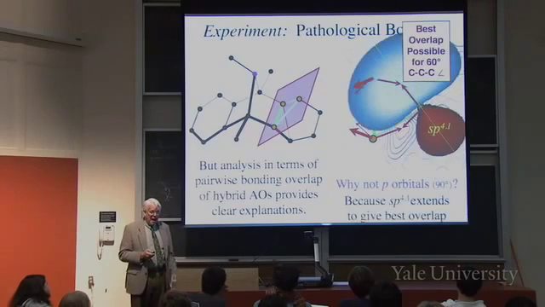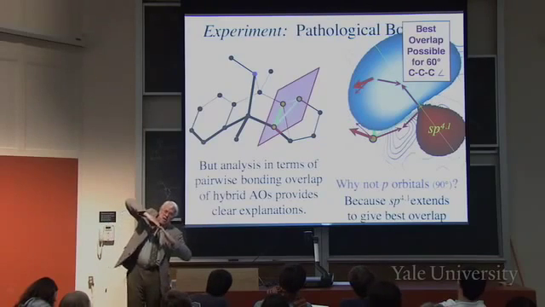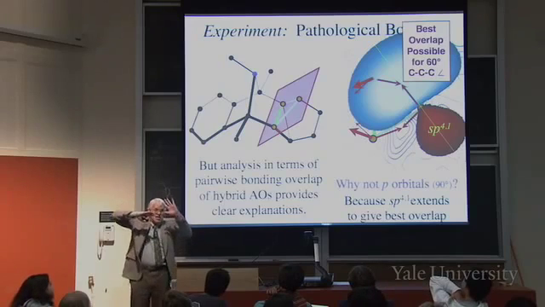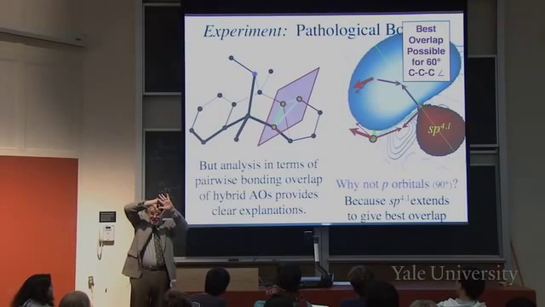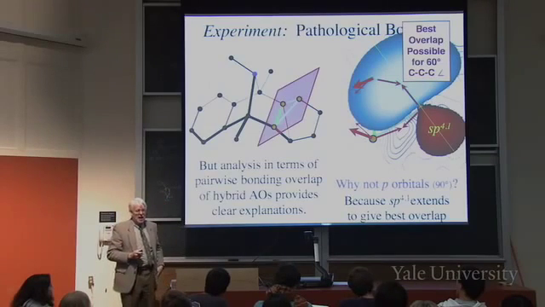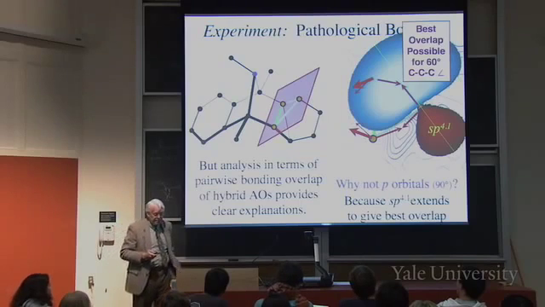But even though the bonds didn't point at one another, by extending, they overlap more. Got the idea? So the hybridization, by shifting it to one side, gives better overlap, even though the angle might not be quite as good.